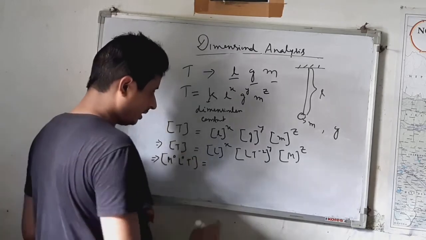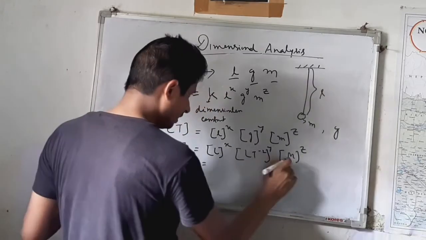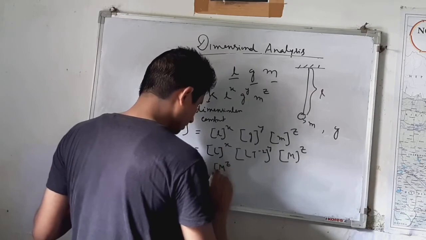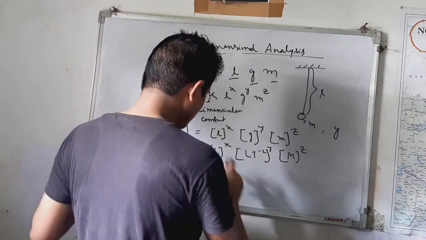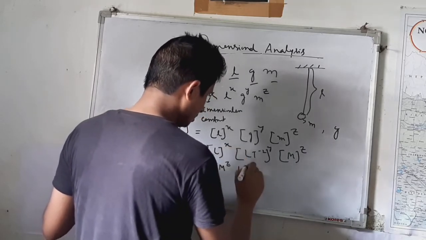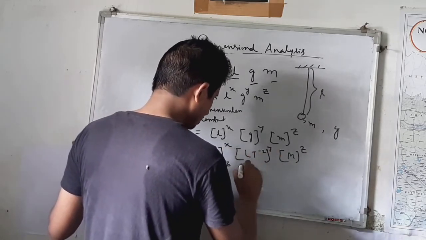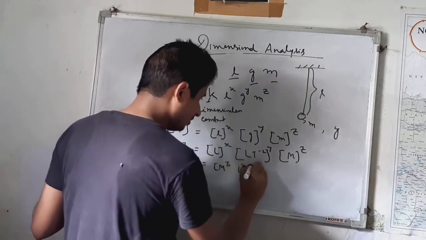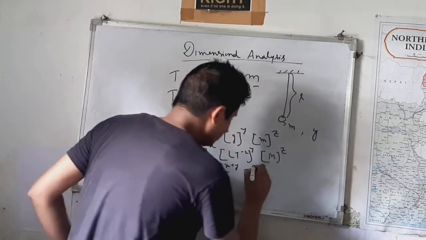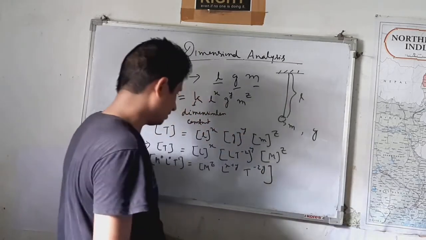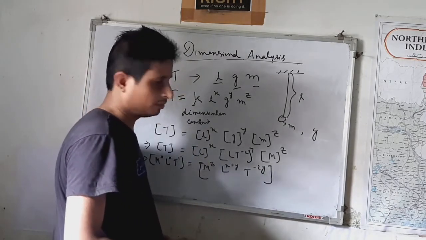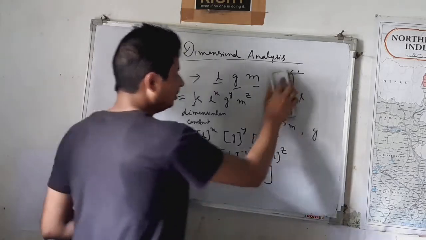Okay, and in this case here, m to the power z, L is x, and here it is y, so x plus y, and T equal to minus twice y.